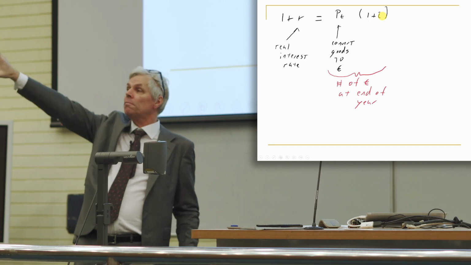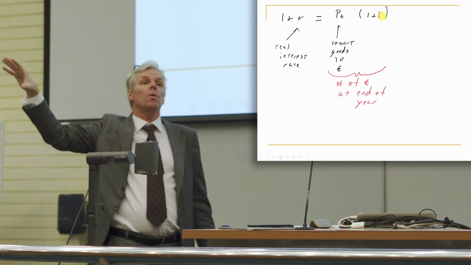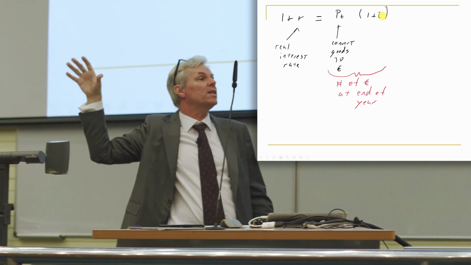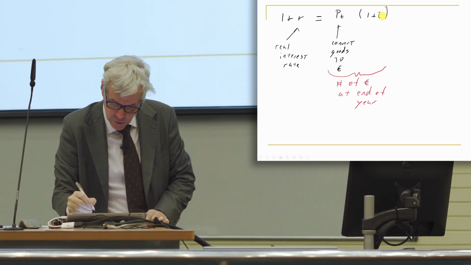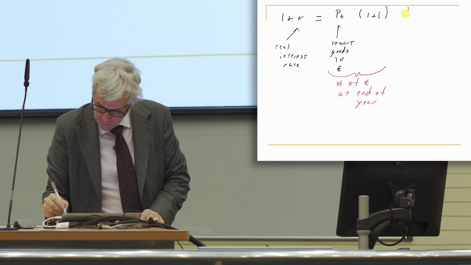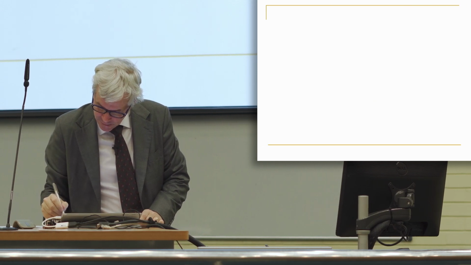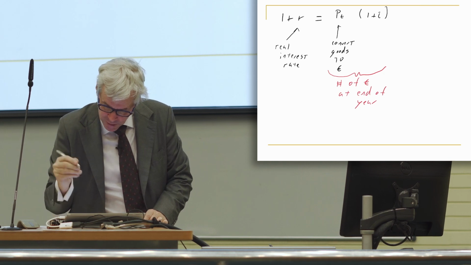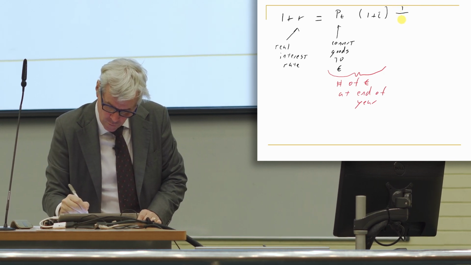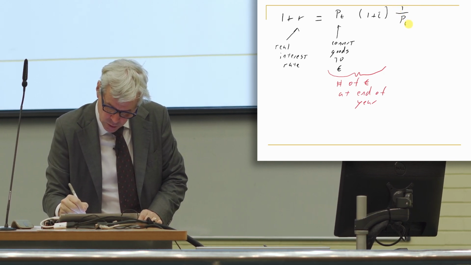And we're going to do exactly the same thing. We have all this money, all these euros, and we want to buy a bunch of trolleys worth of goods, so we have to divide by the price. Right? And so we have one. That was a mistake. Let's do that again. Erase that, do it in black. 1 over P_t plus 1.